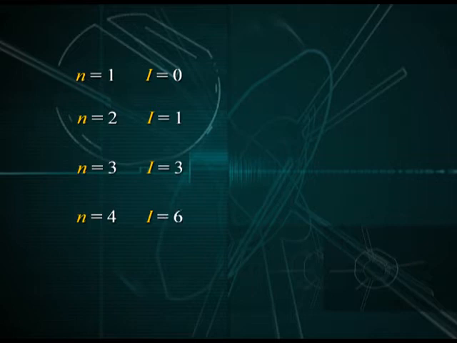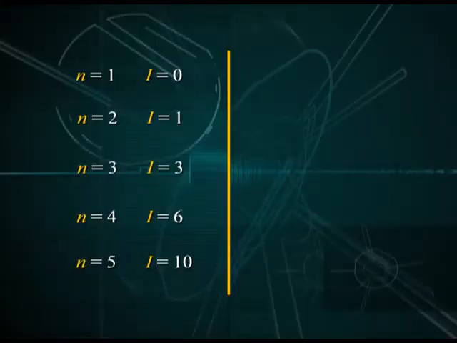When n is equal to 2, I is 1. When n is equal to 3, I is 3. When n is equal to 4, I is 6. When n is equal to 5, I is 10.